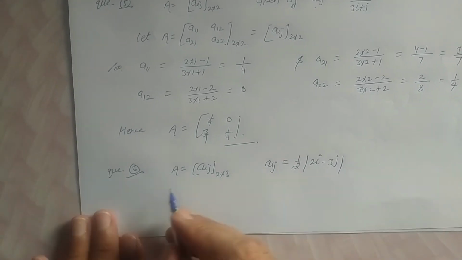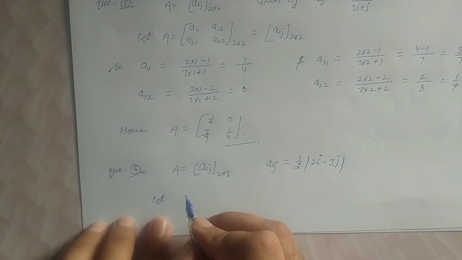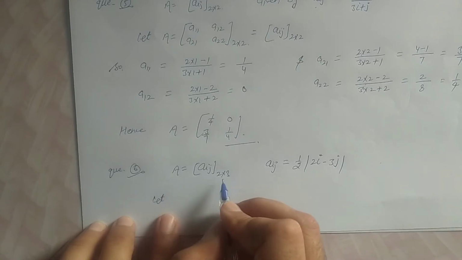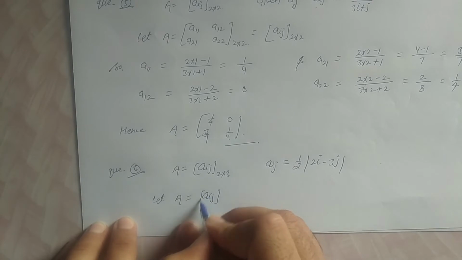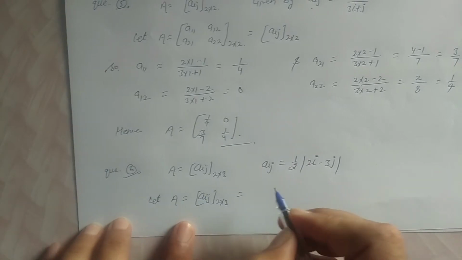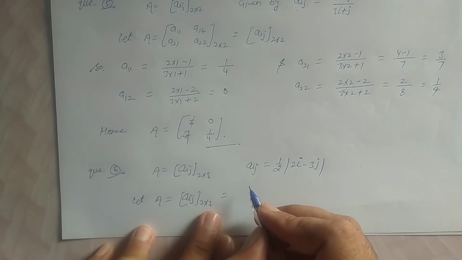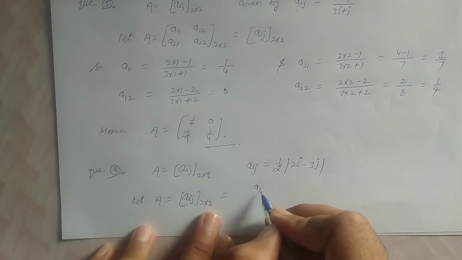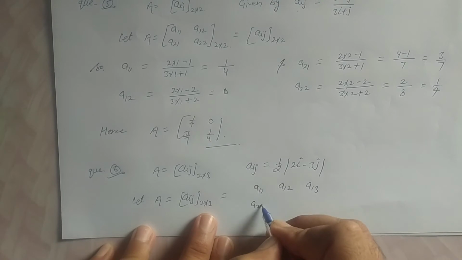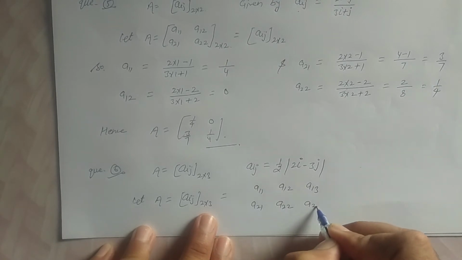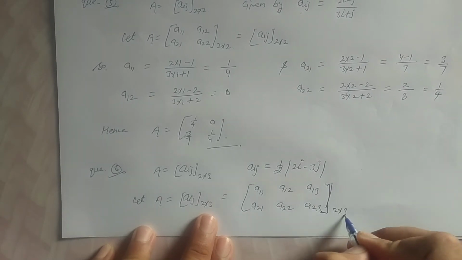Okay, let the order of matrix A be 2 by 3. Let A equal to [Aij] of order 2 by 3, that is 2 rows and 3 columns: A11, A12, A13, A21, A22, A23.